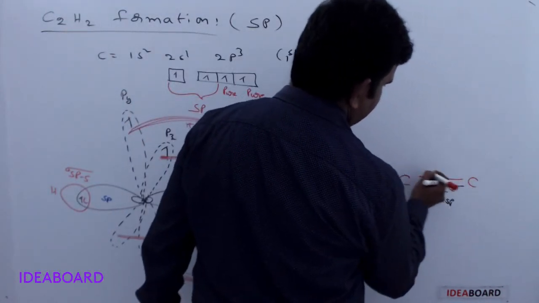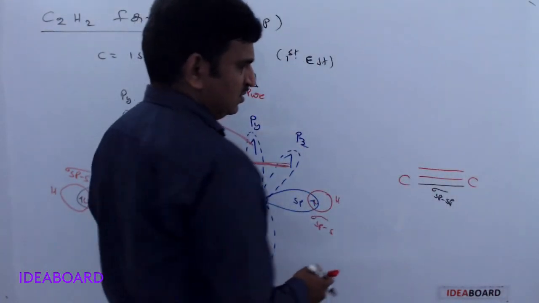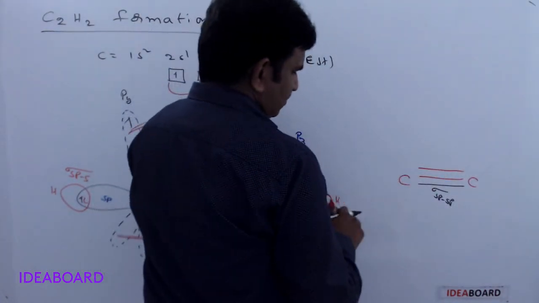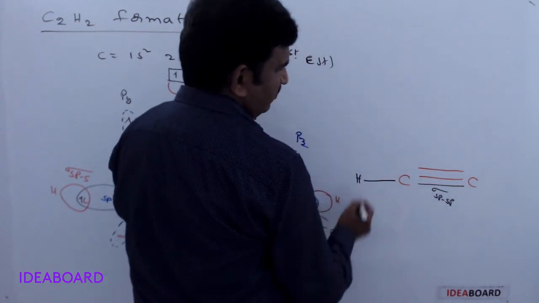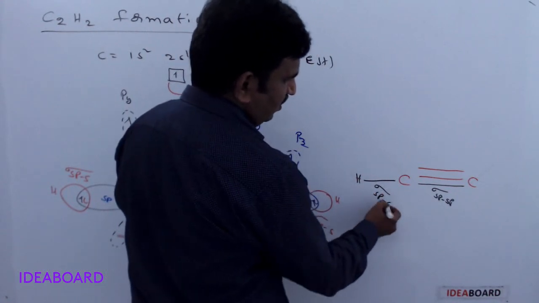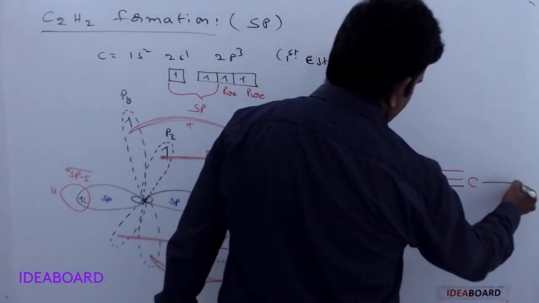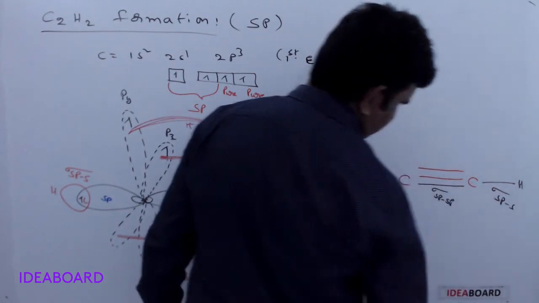This is a pi bond, and this is another pi bond. Two pi bonds are present. And there is one more sigma bond with hydrogen, a sigma sps bond, and another sigma bond, also sigma sps.